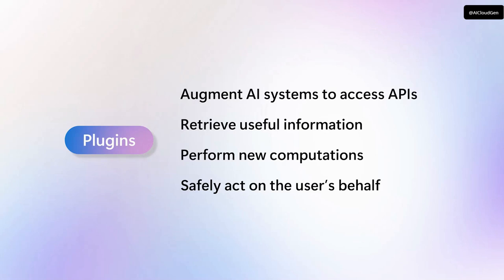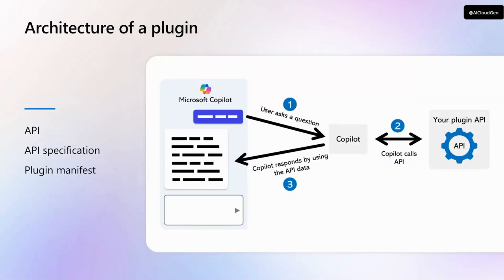So key things to note first before we jump on to the architecture of the plugin: if you want to augment AI systems like Copilot to access your own organization APIs, you will use plugins. If you want to retrieve useful information, perform new computations, or safely act on the user's behalf, you can use plugins in all of these scenarios. So this is a quick architecture of the plugin. Normally when you are writing a plugin, make sure that the plugin is written based on the Open API format.